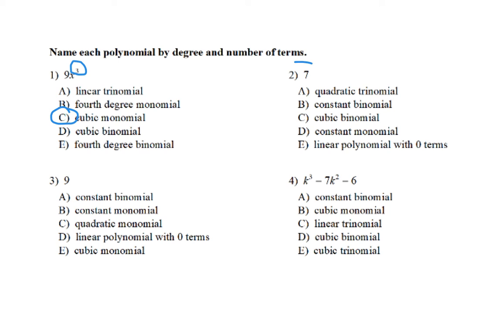Next one is a number by itself, constant monomial. And look, oh, there's another one, same thing. And the last one, I have 3 terms, highest degree is 3, so it should be a trinomial, cubic trinomial.